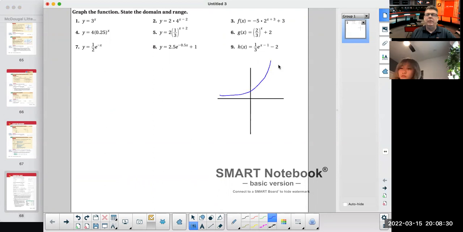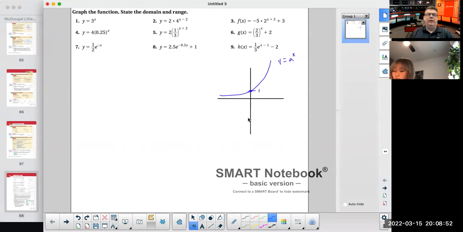That's the basic shape of y equals a to the x, right? A is some number. And if it's just the a, then it always goes through the point (0, 1). So 3 to the x could totally look like this if I don't have a scale.